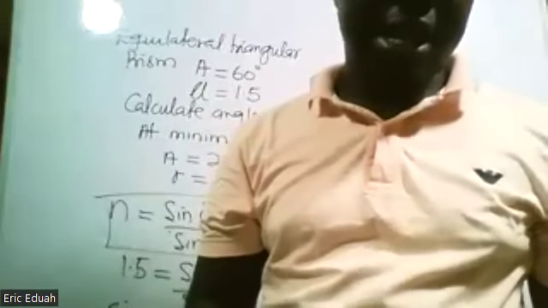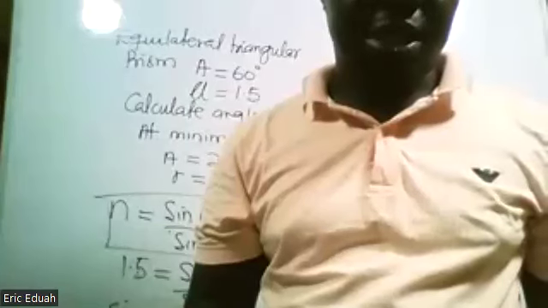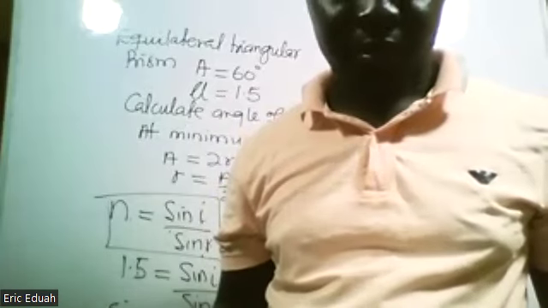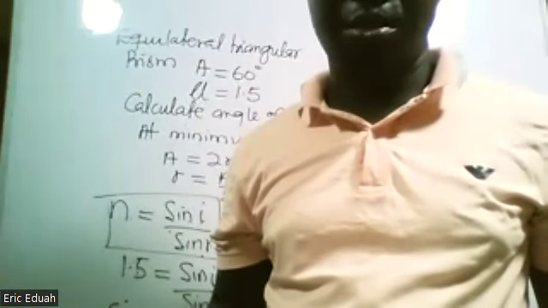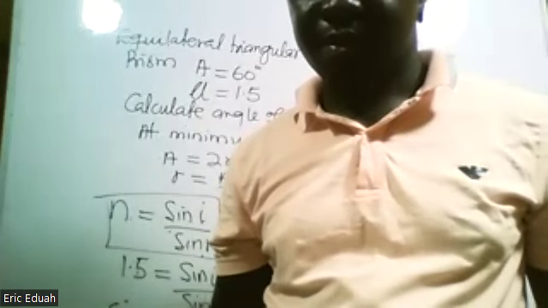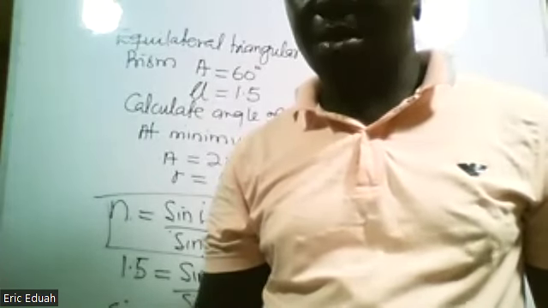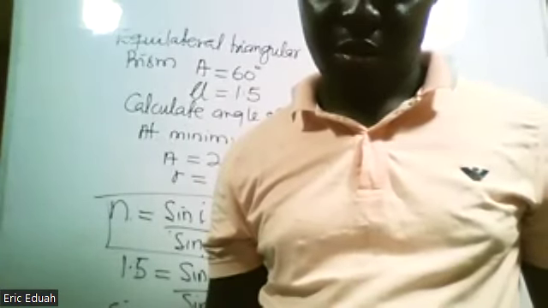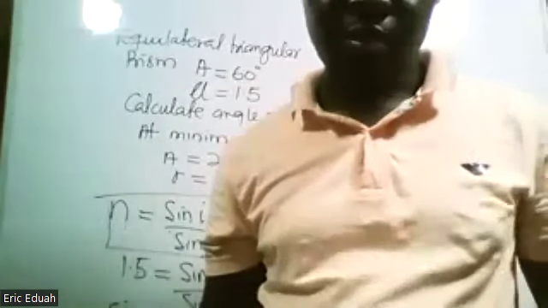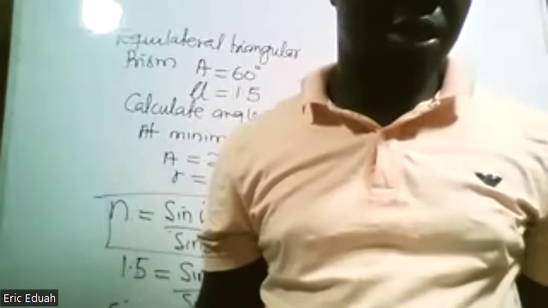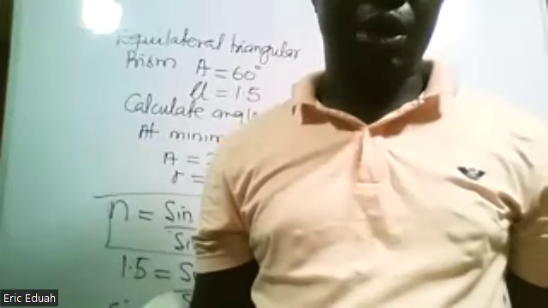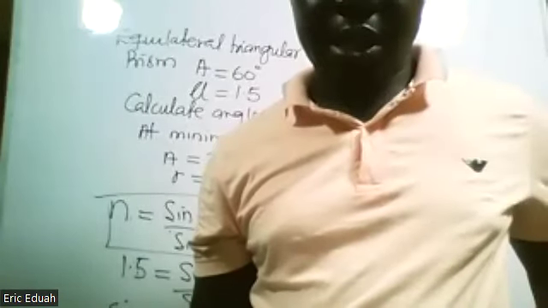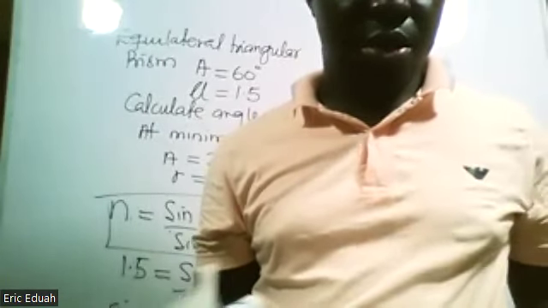A ray of light passing through a prism having refractive index root 2 suffers minimum deviation. It is found that the angle of incidence is double the angle of refraction within the prism. What is the angle of the prism?